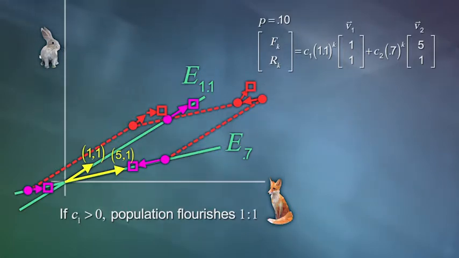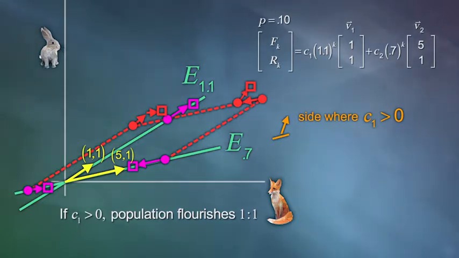We can see this in the diagram because when C1 equals 0, you lie on the 0.7 eigenspace with eigenvector (5, 1). So if C1 is bigger than 0, then that's all the points to one side of the 0.7 eigenspace. Which side?